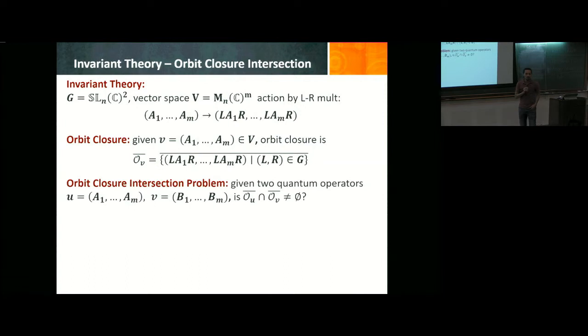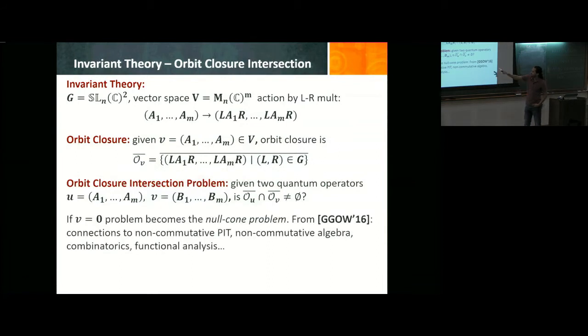So the orbit closure intersection problem now is, if I give two tuples of matrices A and B, do the orbit closures intersect? We know that if V is equal to 0, for example, this problem becomes the null cone problem. And from Ankit's talk, we saw that this has connections to non-commutative PIT, non-commutative algebra, combinatorics, and so on. It's really amazing already, the null cone problem. But let's try to solve this more general problem.